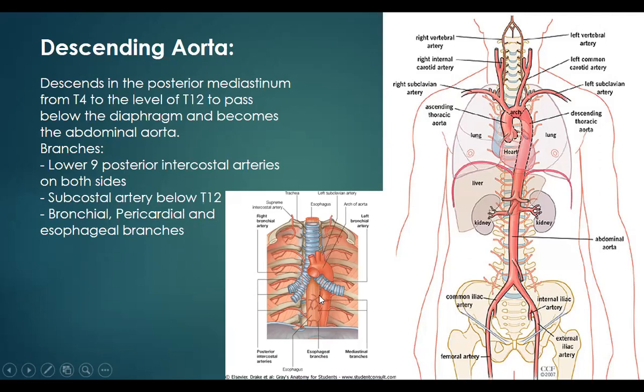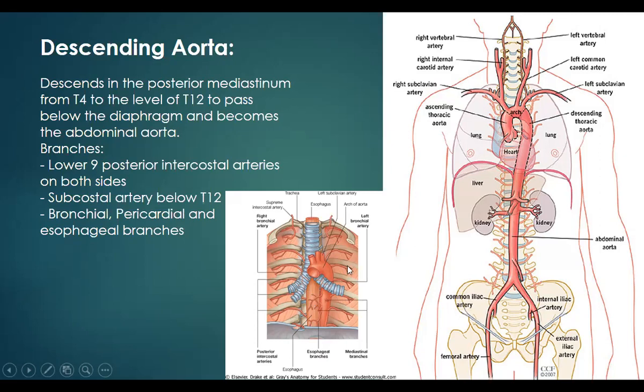The coronary arteries supply the heart, but even the pericardium needs blood supply. So these pericardial arteries are branches from the descending thoracic aorta, as well as the esophageal branches. If you see here, this is the esophagus, and there are branches supplying the esophagus also.